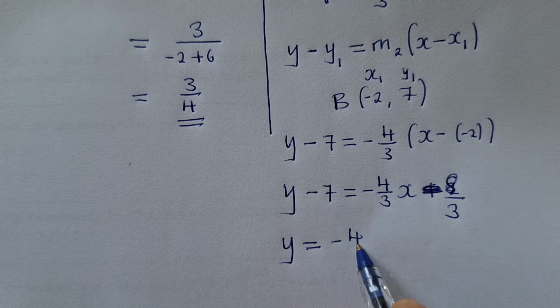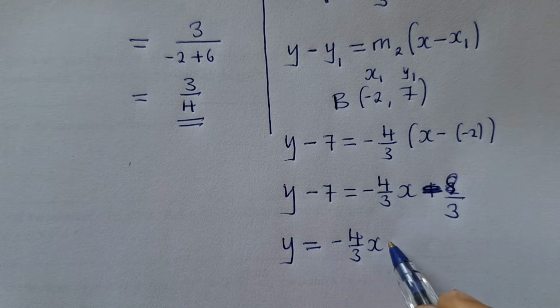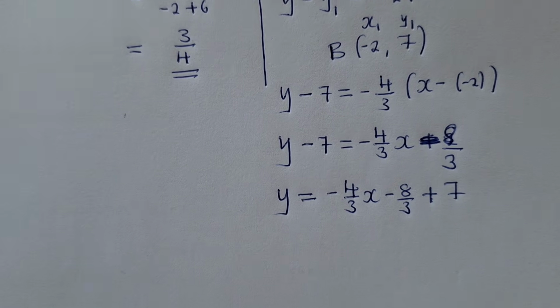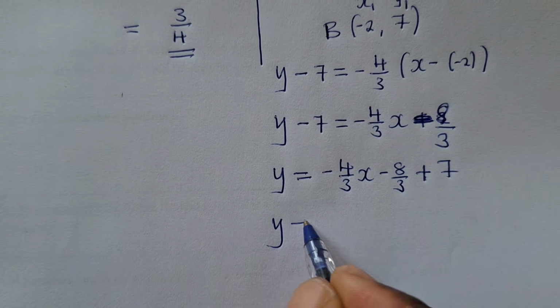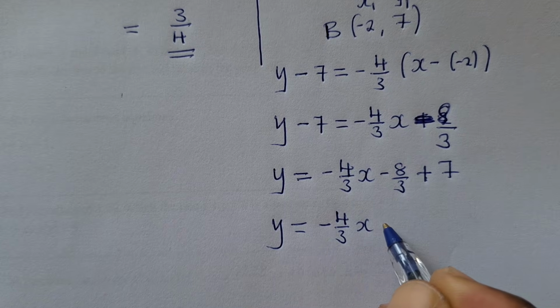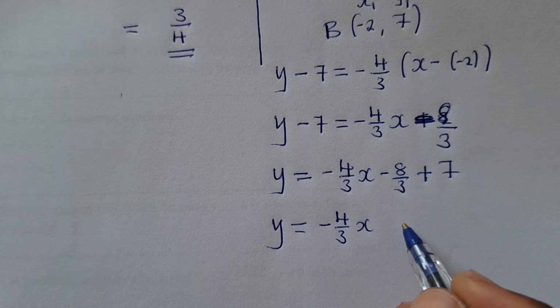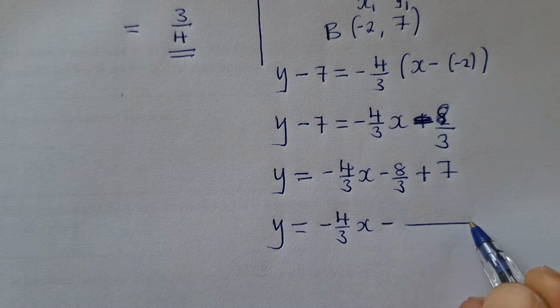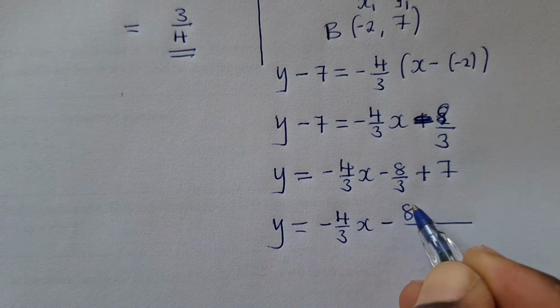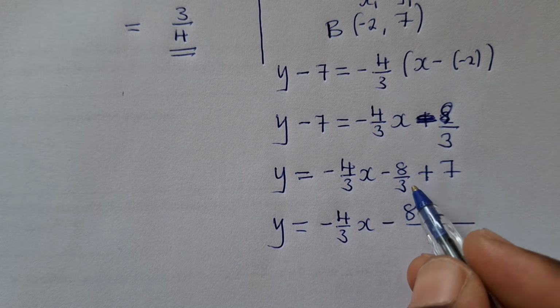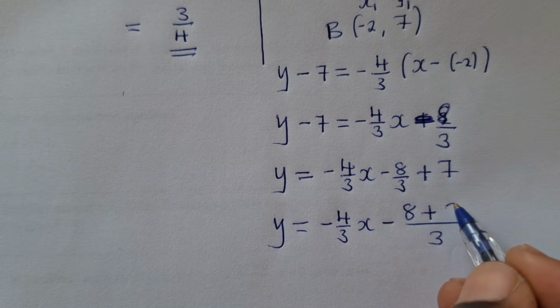So we clean up, we group our like terms. This is how it's coming out. Y will be equal to -4 over 3 x. Here we find the lowest common denominator, which will of course be 3. This is 8 plus, here 8 plus 21.